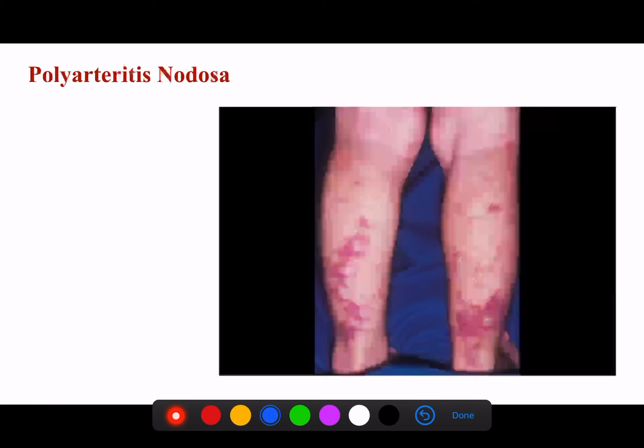Systemic, as we see here in this photo, all the skin is combined with dermatitis, cellulitis. But it is more common in patients suffering from hepatitis B virus. It is fatal if not treated, and it is treatable with immunosuppressive drugs.